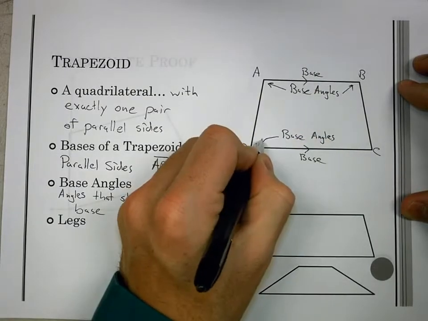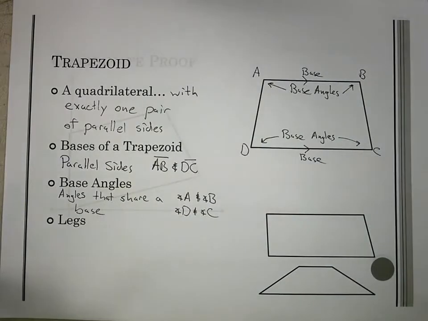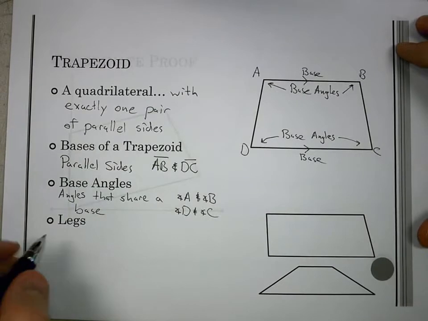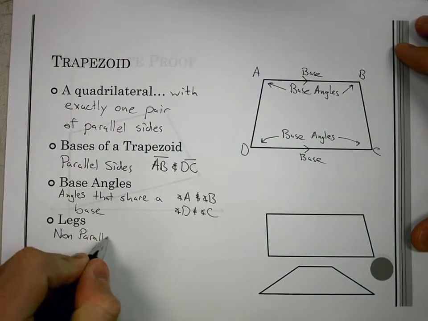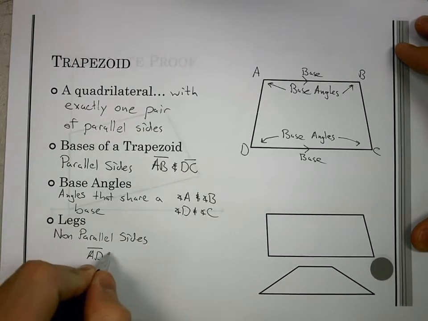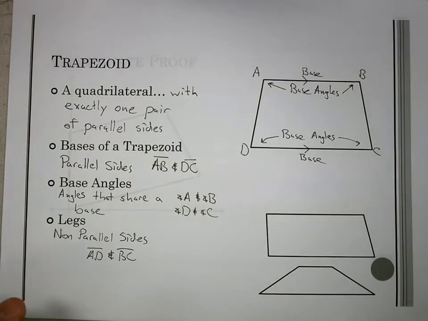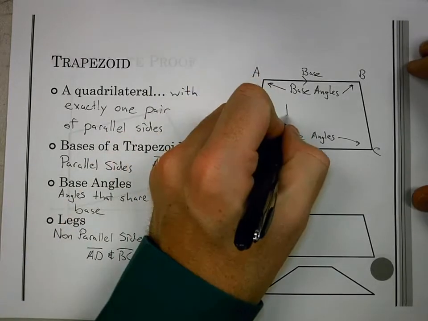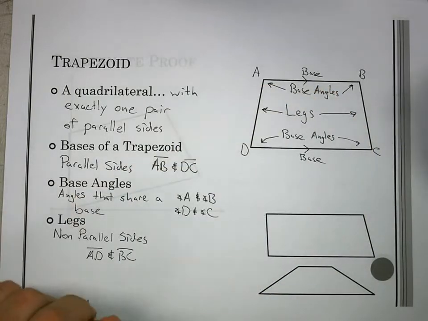We're going to keep those as a pair, and we're going to see later on that there is a relationship between them. For right now, in just a regular trapezoid, there's not much we can do with them. Last one we have is the legs, and the legs we think of as the non-parallel sides. In this case, that would be AD and BC. As long as they're not parallel and AB and DC are, we do have a trapezoid. But for right now, we're just identifying them as the non-parallel sides.